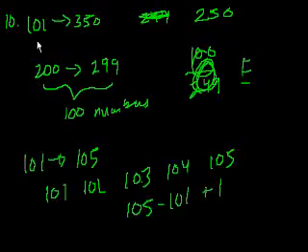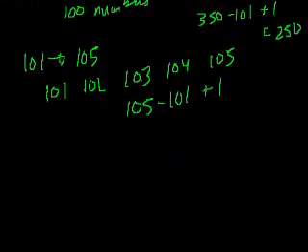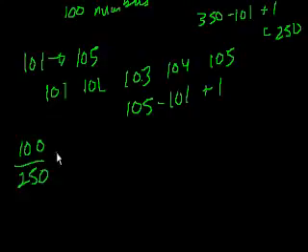Similarly, the number of tickets we can pick from is 350 minus 101 plus 1, which is equal to 250. So out of the bag of 250, 100 numbers satisfy it. So we have a 100 in 250 chance of picking the right number. And if we divide the top and the bottom by 50, the greatest common divisor, we get 2 over 5. And that is choice A.